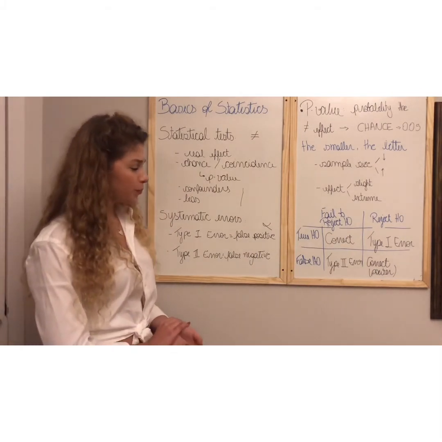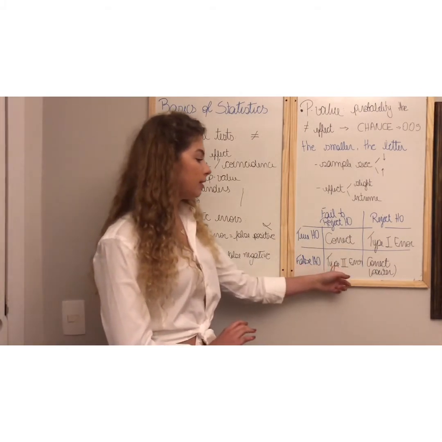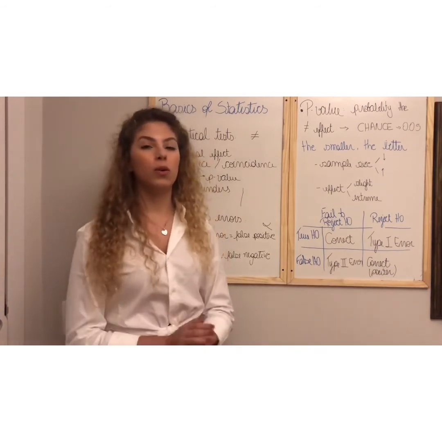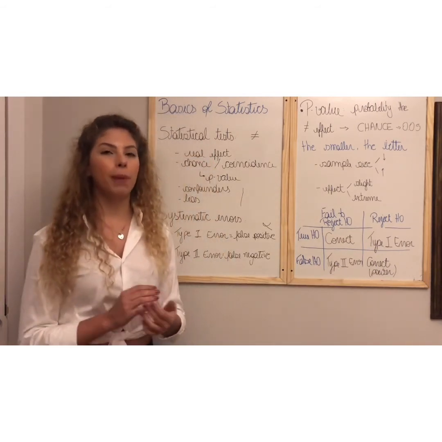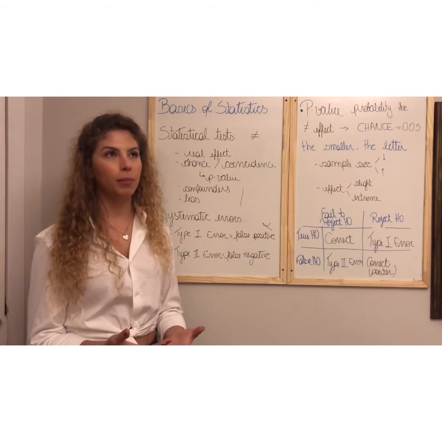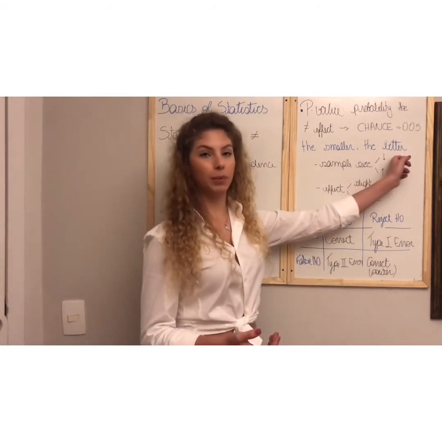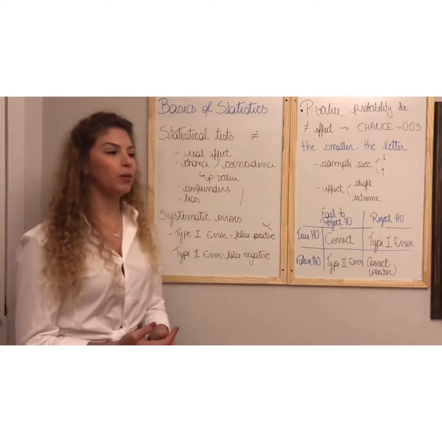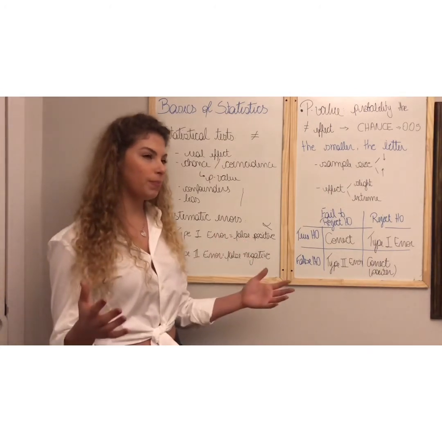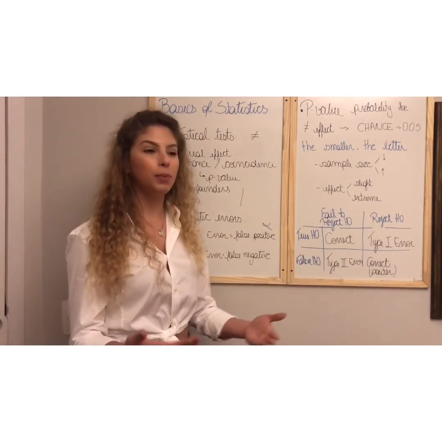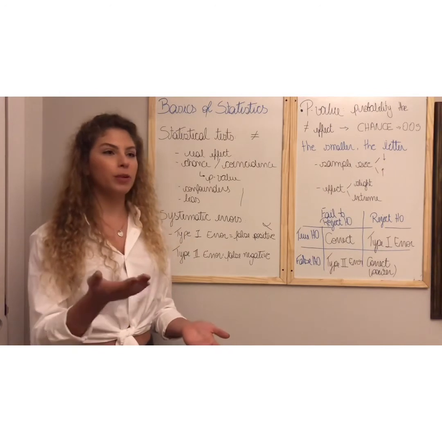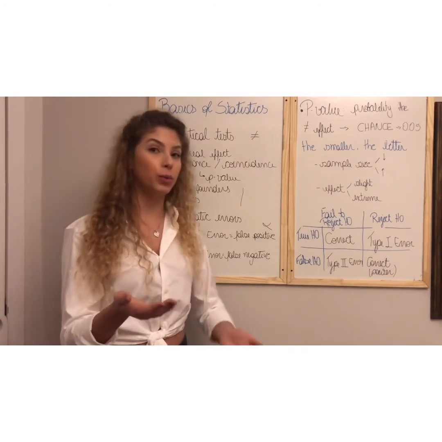So these type 2 errors occur because the study is underpowered. And how can the study be underpowered? Small sample sizes, for example. So I don't have enough examples to say and confirm that drug A is better or worse than drug B.